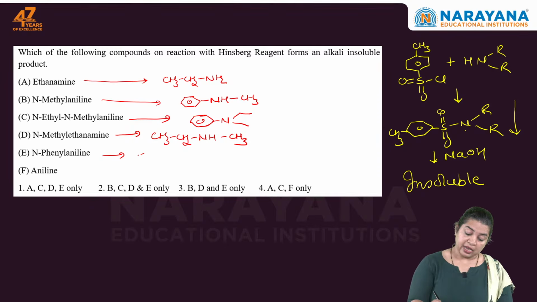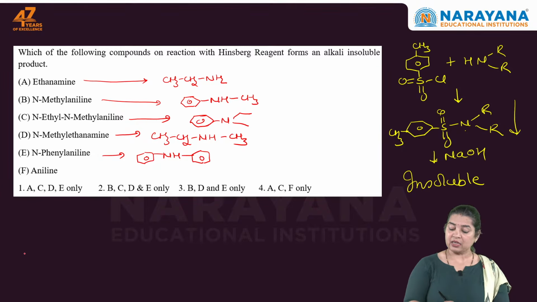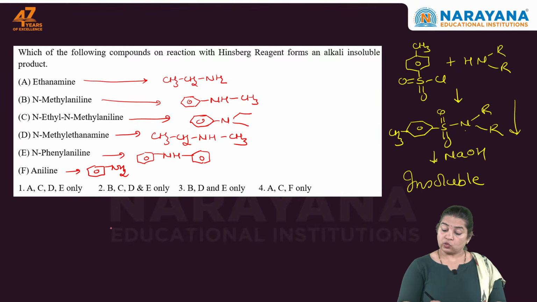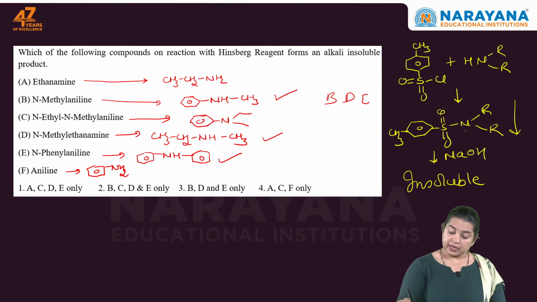N-phenyl aniline, it means NH, and this is basic aniline, right? So, out of these, let us check how many are our choices. B is our choice, D is our choice, right? And E is our choice.